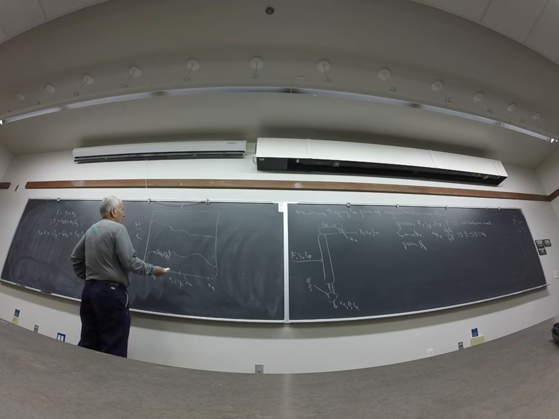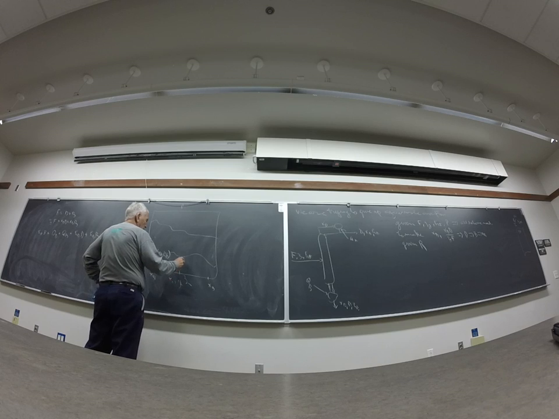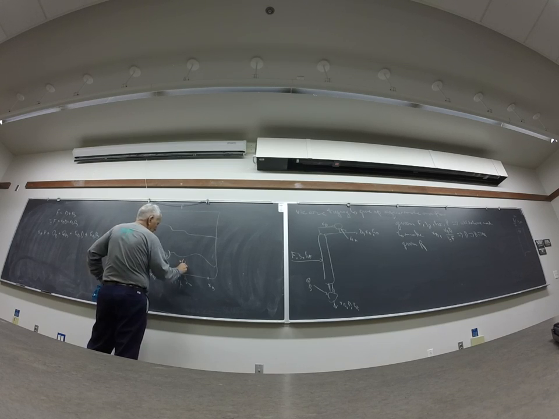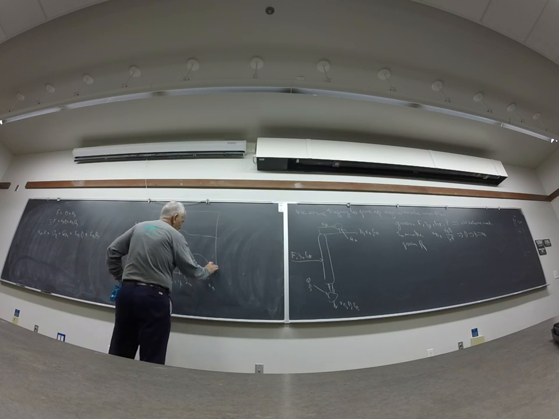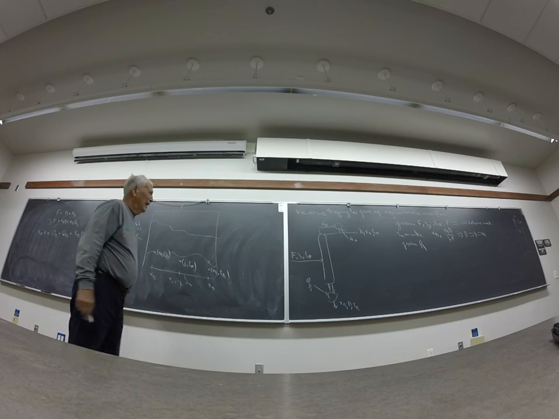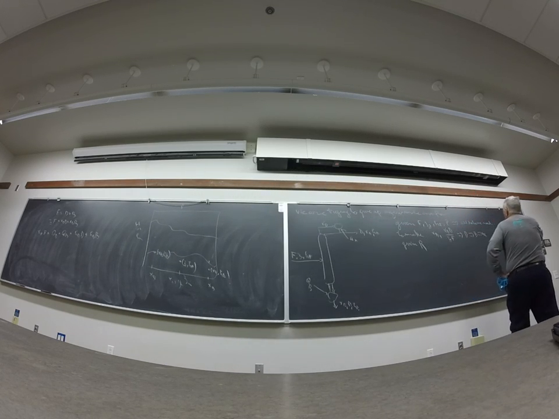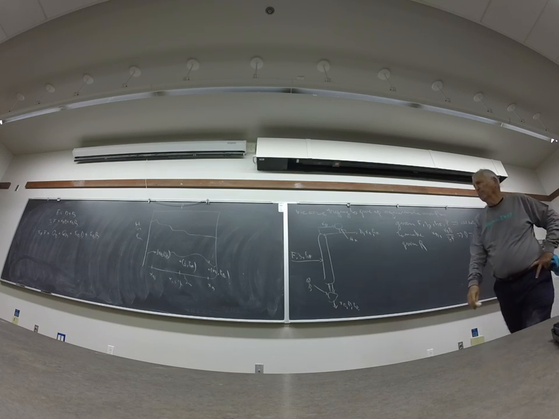It might be cold feed, so here's cold feed at Z and HF. And I might have subcooled the reflux, so the reflux might be coming out at XD and HD. So I've got to be told not only HF, but also how I'm running that heat exchanger, so I have to be told HD as well.